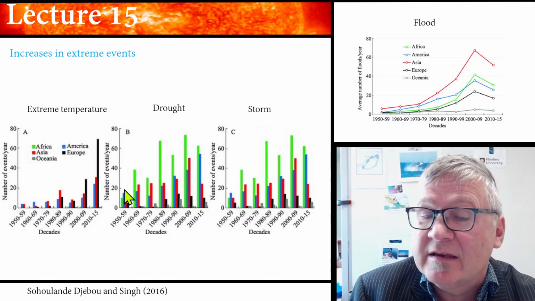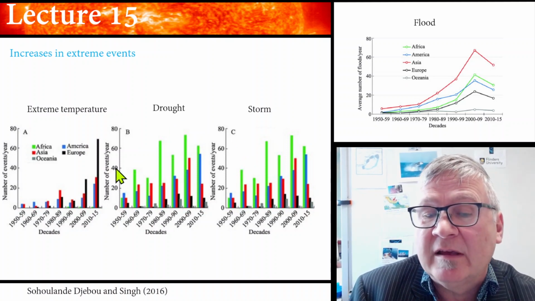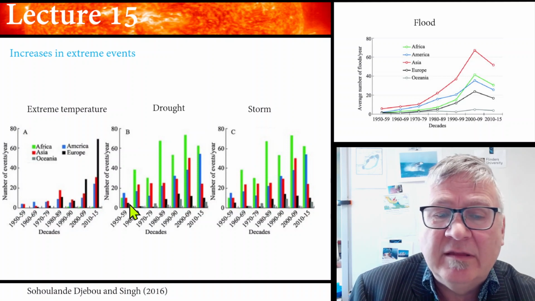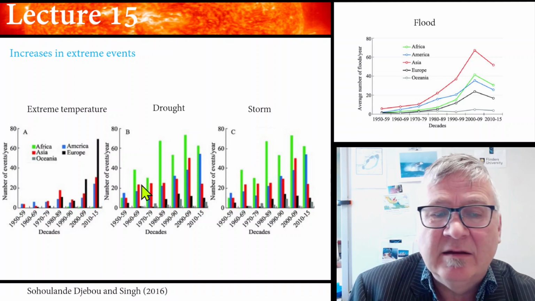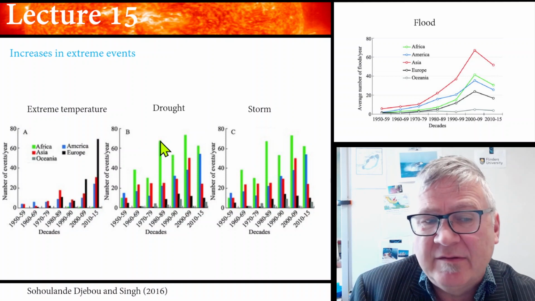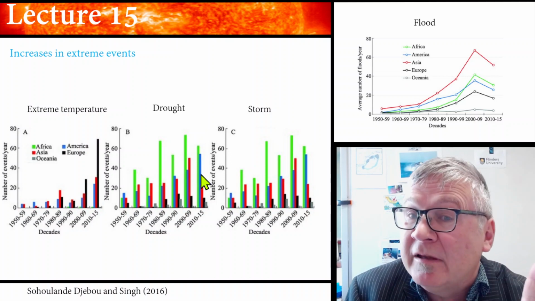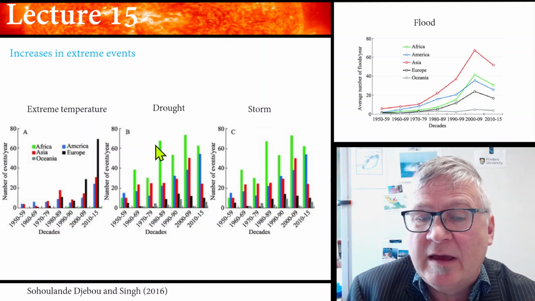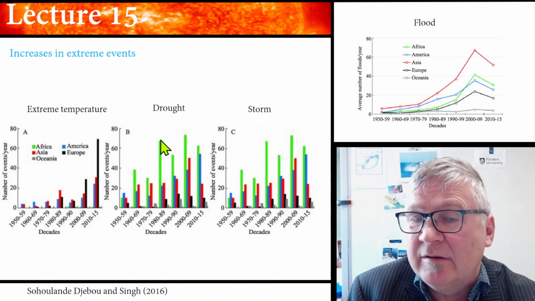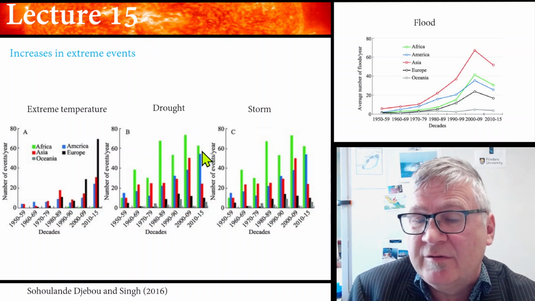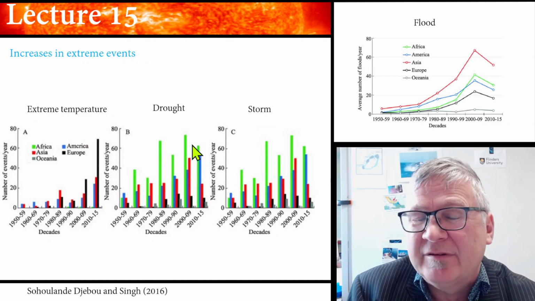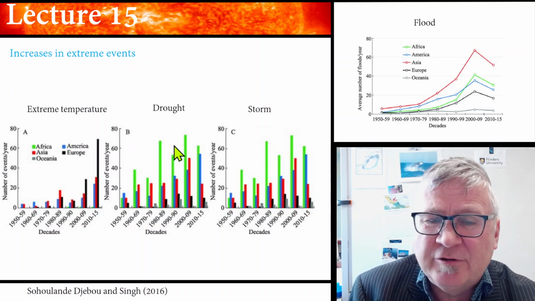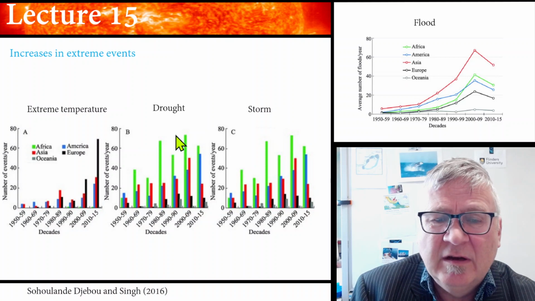Droughts is another example here. For droughts, you can see the number of events per year. Africa has the biggest number, but the interpretation becomes more complex, because if you just look at the data from 1980, you can see it's a decrease, increase, decrease. It's hard to predict the future from that.